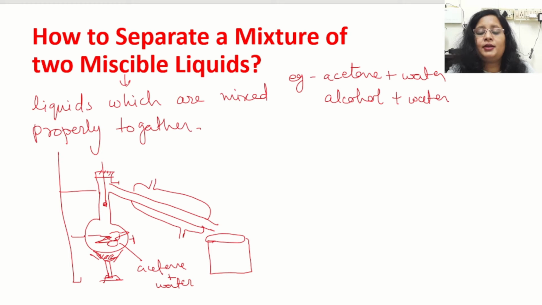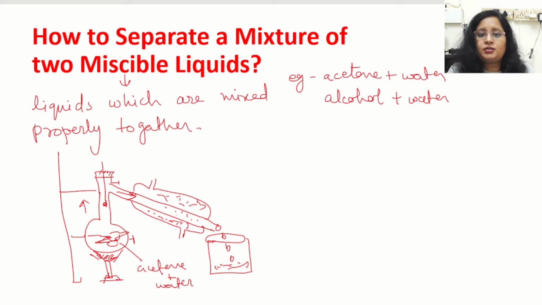So as the temperature reaches 65, the acetone starts boiling and acetone vapors will come out from the mixture and go up, and from there it will go through the condenser. Here water is there in the condenser, which will help the acetone vapors to cool down, and acetone will come in the form of liquid here, and we will collect it in the beaker.